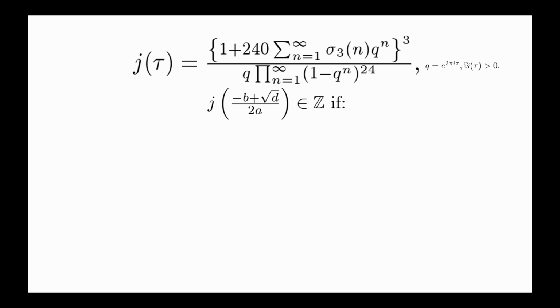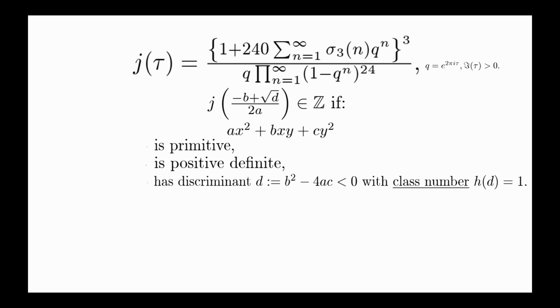But for now, let's just note that j evaluates to an integer if the binary quadratic form ax squared plus bxy plus cy squared is primitive, is positive definite, and has a discriminant with class number 1. So we are going to explain these terms later on. We can note just for now that primitive means that a, b, and c have no greater common divisor than 1.